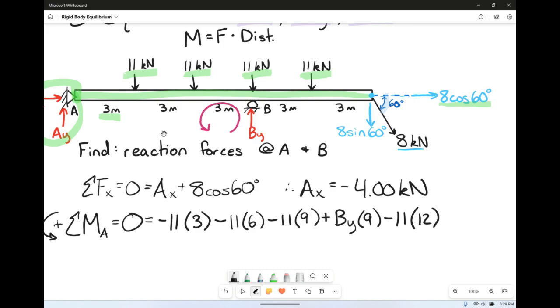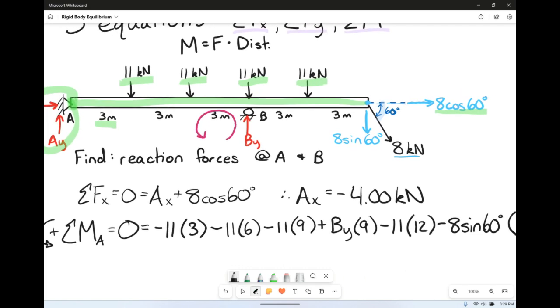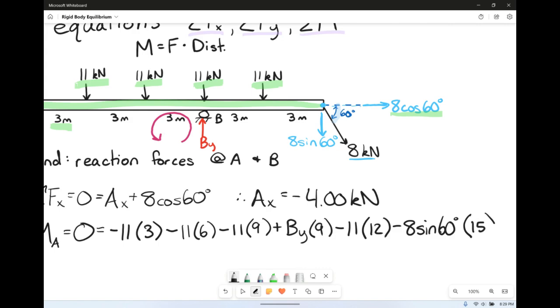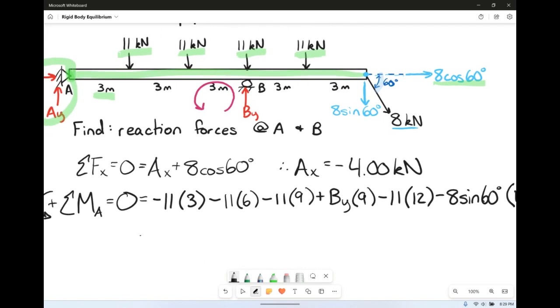He's going the same direction as everybody else, so minus 8 times the sine of 60 degrees times his distance of 3 times 5, which is 15. So we've got By in there, only By, only unknown, so By is going to be equal to 48.2 kilonewtons. That's massive. Really, really massive.